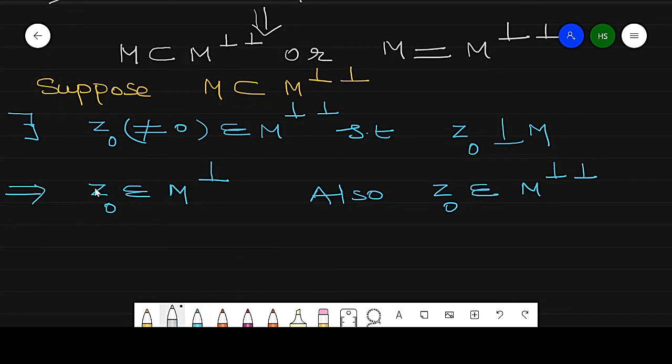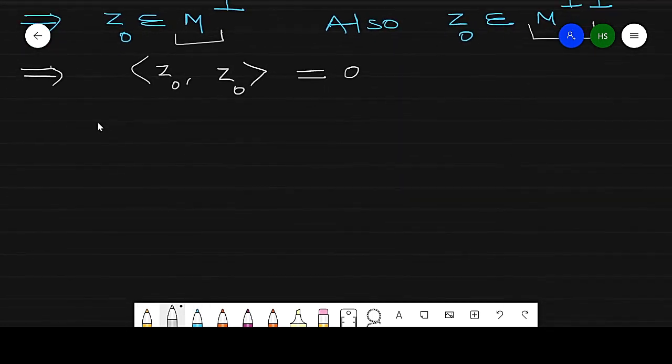So z0 belongs to this set and z0 belongs to this set. So it means the inner product of z0 comma z0 is equal to 0, because it is perpendicular to itself.